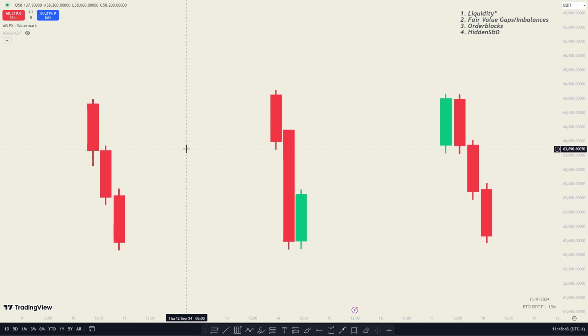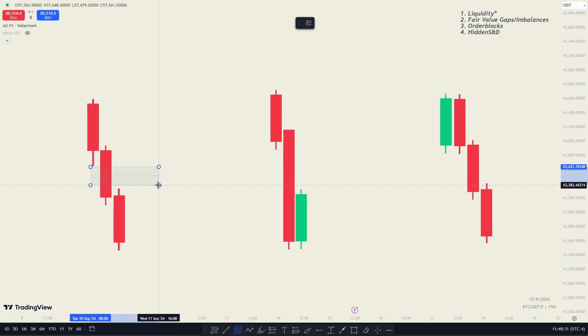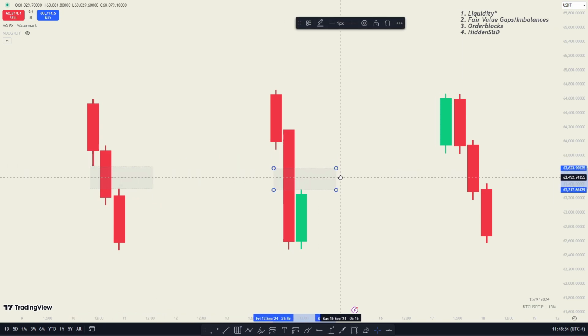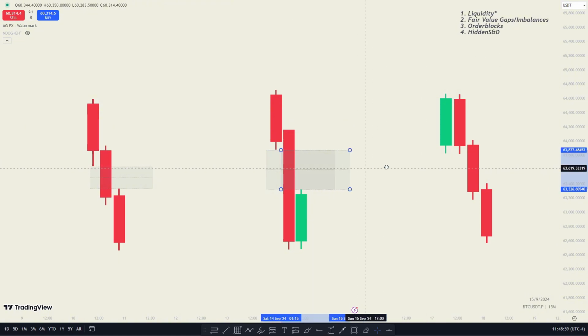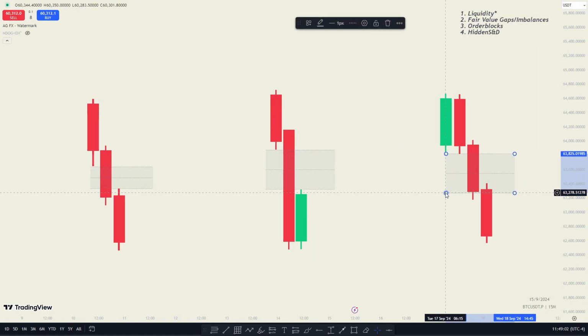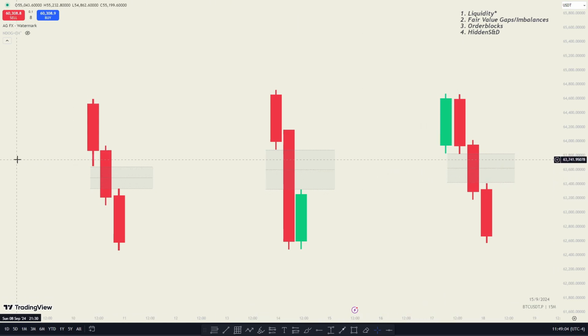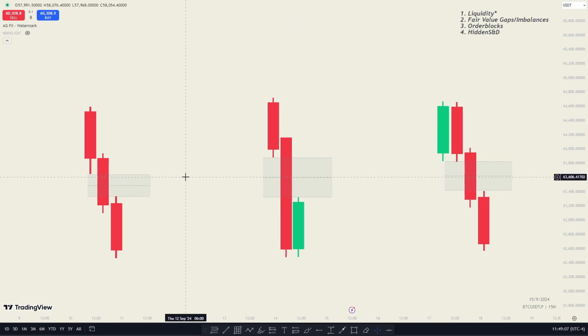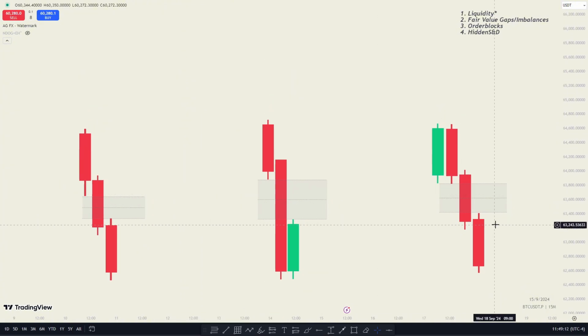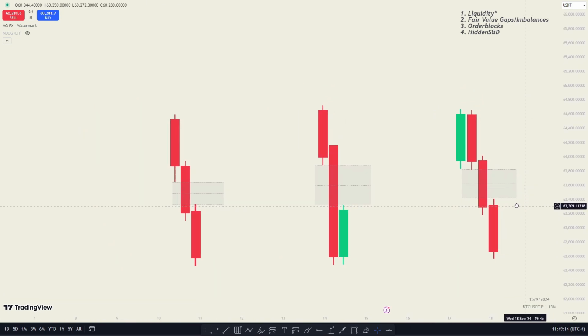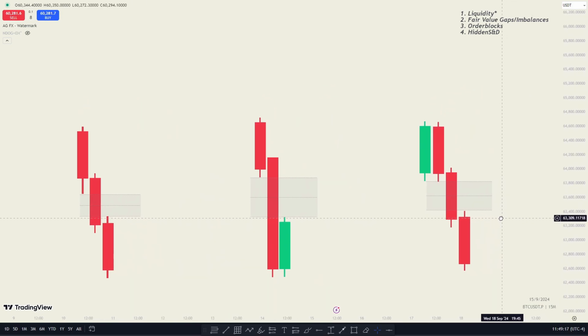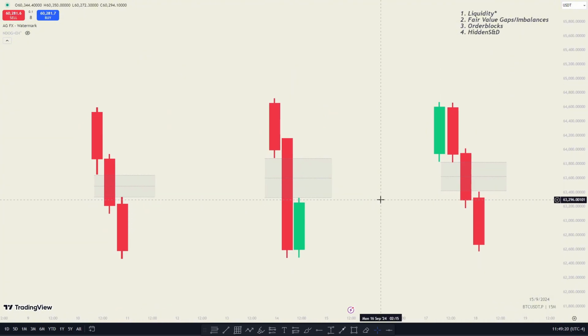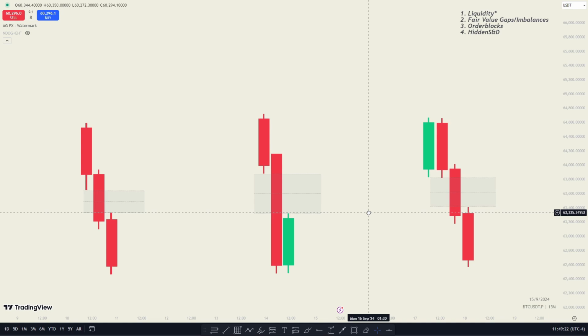The midpoint of any fair value gap, or just gap overall, is called consequent encroachment. A bearish fair value gap has everything the same as a bullish fair value gap, but the direction is different.